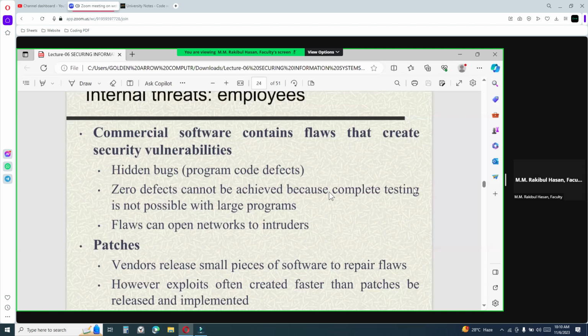Whenever they find a bug, they upload a line of code to recover from the problem into the server. That small line of code is called a patch. If any problem occurs, they send us a notification to update your software. When you click the update button, that patch, that small line of code, automatically comes to your device and fixes the flaw. That is the point I mentioned.